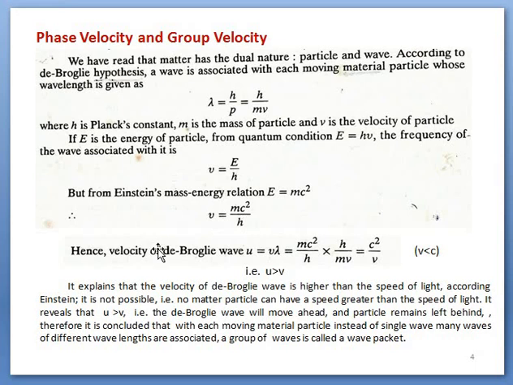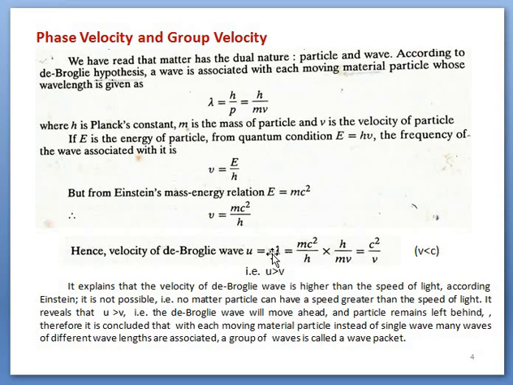Now, to obtain the velocity of the de Broglie wave associated with a particle, that velocity is represented by u, the de Broglie wave's velocity. Wave velocity is equal to the wave frequency times the wavelength.